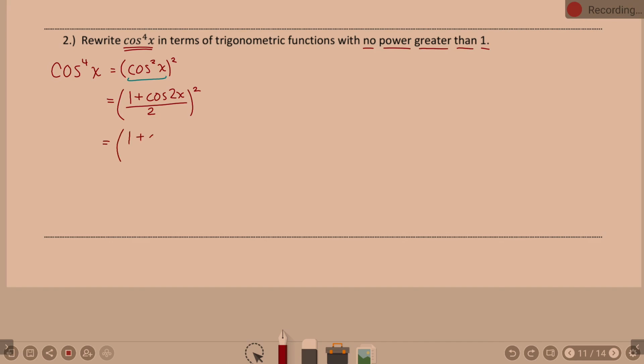So 1 plus cosine 2x over 2 times 1 plus cosine 2x over 2. Okay. How do I multiply this? Distribute. The top part is a distribution, or a FOIL.